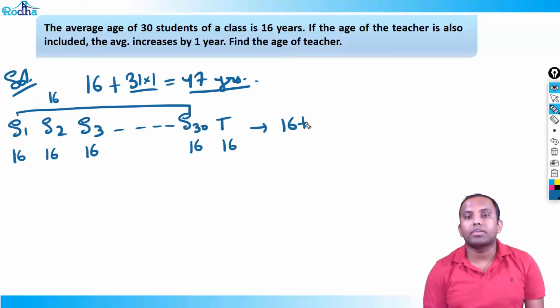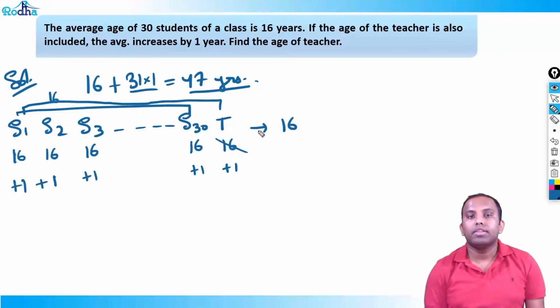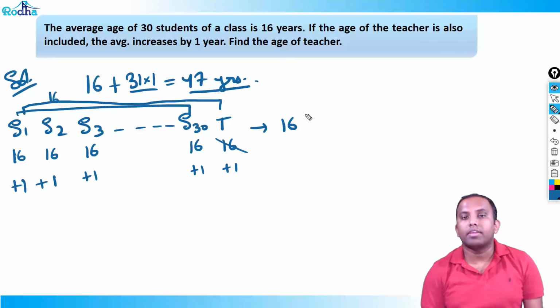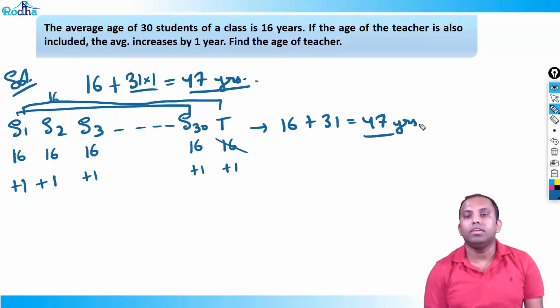But his age is not 16 years, because after his joining, the whole group average increased by 1 year. So now there are 31 people, so plus 1 to all 31 people, right? Including the teacher, there are 31 people now. So 31 years increase. So 16 plus 31, that is 47 years, is the answer for this question.